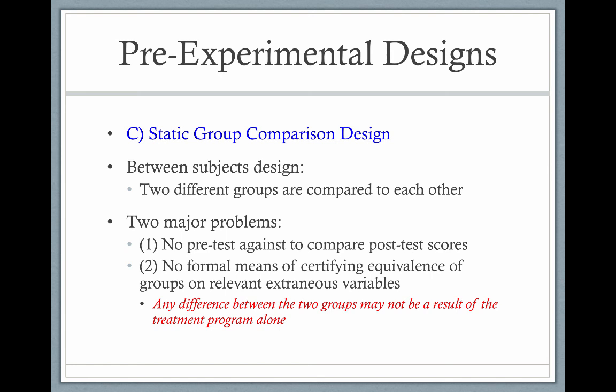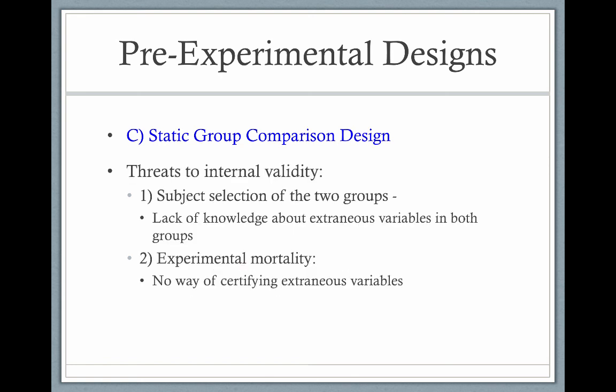Any difference between the two groups may not be a result of the treatment program alone. With the static group comparison design, threats to internal validity include, again, subject selection, a lack of knowledge about extraneous variables in both groups, experimental mortality, and no way of certifying those extraneous variables.